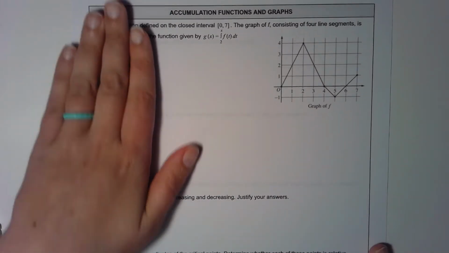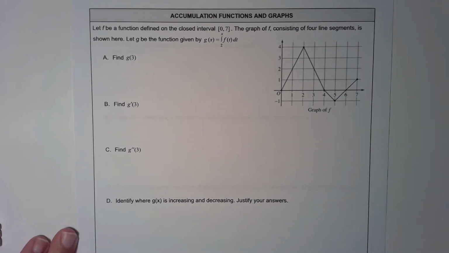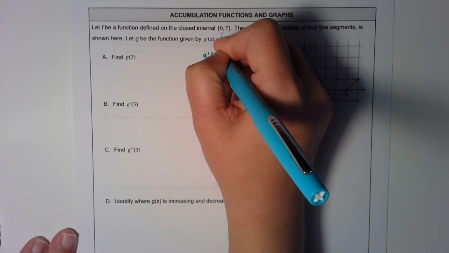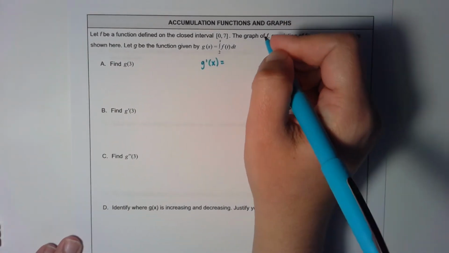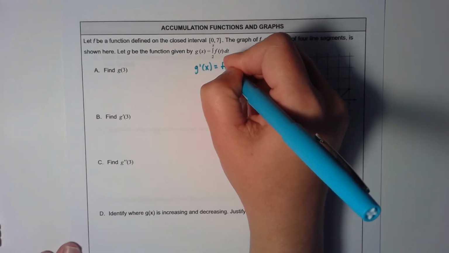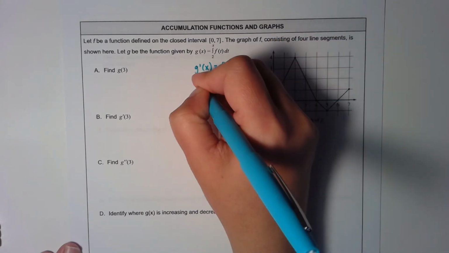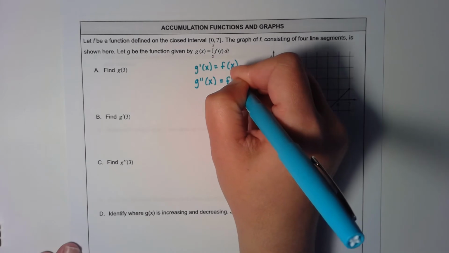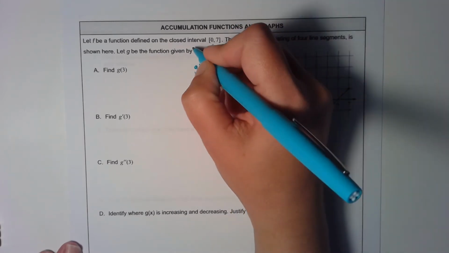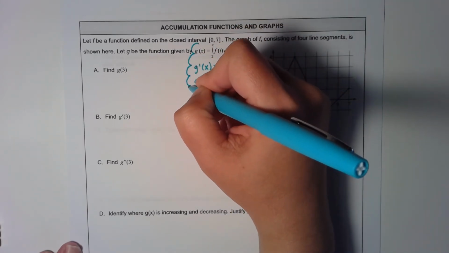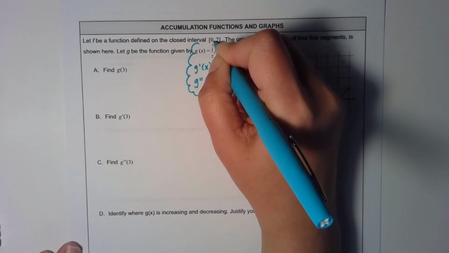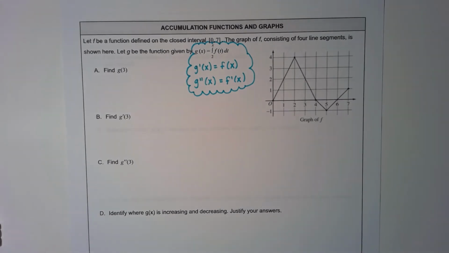So before I even read the questions, I would write down g prime of x, which in this case, using the fundamental theorem, the f would stay the same, and I would just plug in the x, and then g double prime of x. And again, that would just be f prime. These three functions, g, g prime, and g double prime, are really going to be necessary for this entire problem. So I like to start by just writing them all down right away.